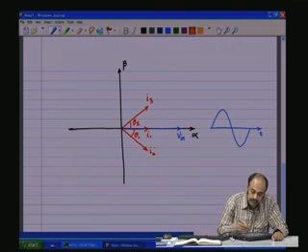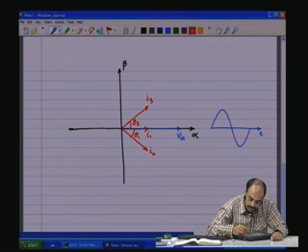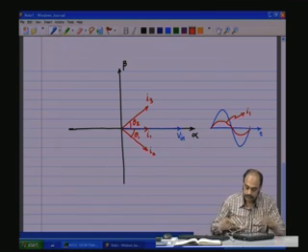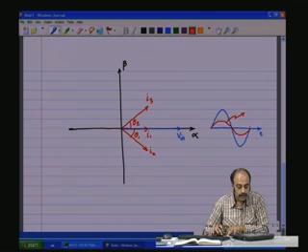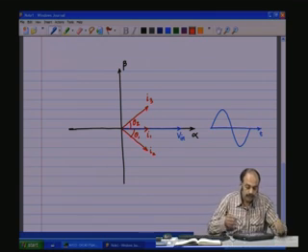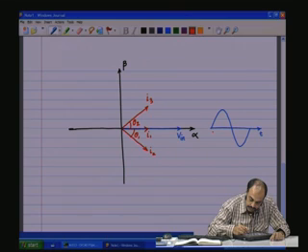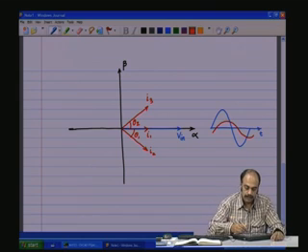So, if it was I 1, you would see the current waveform like this, that is I 1. If it was I 2, I 2 is lagging V in. So, you will see that it lags like that.